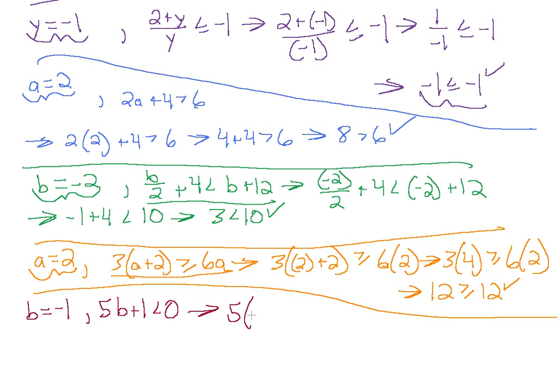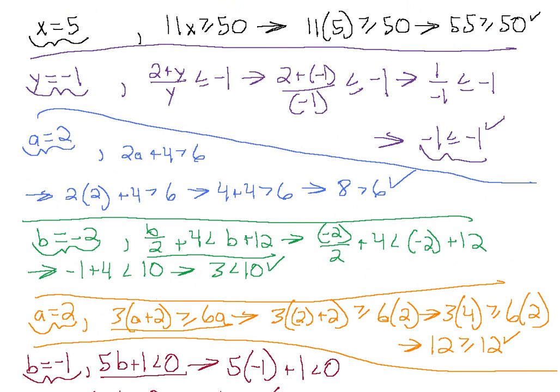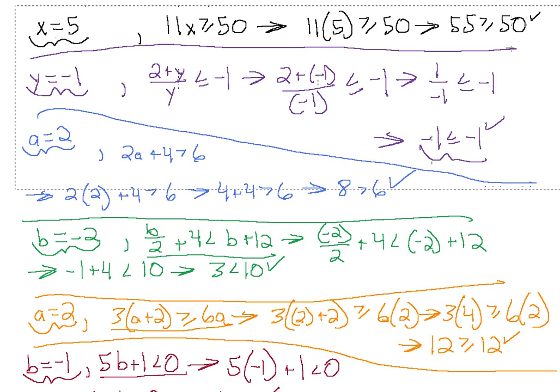So we have 5 times minus 1 plus 1 is less than 0. 5 times minus 1 is minus 5, plus 1 is minus 4, and minus 4 less than 0 is a true statement, which means minus 1 is contained in the solution interval for the inequality. All right, let's see if we can squeeze in a couple more here.